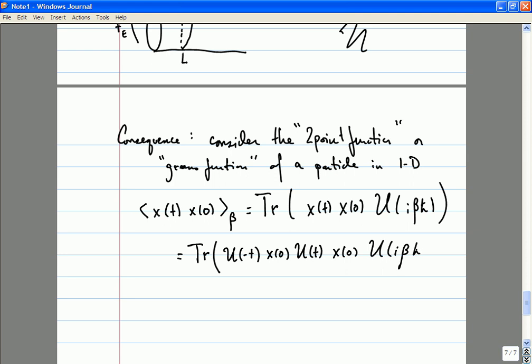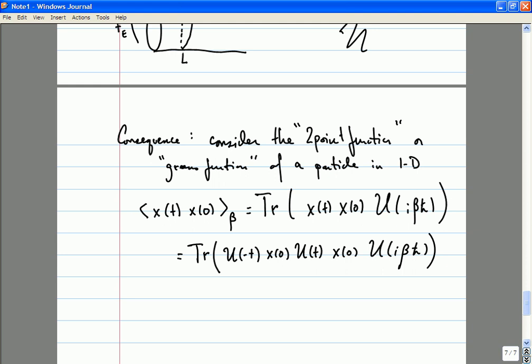Now, I'm using here the Heisenberg time formalism instead of the Schrödinger formalism. Remember that as far as the computation of expectation values, the Heisenberg and Schrödinger pictures are identical. So I'm free to use whichever one is most convenient for me. Okay.